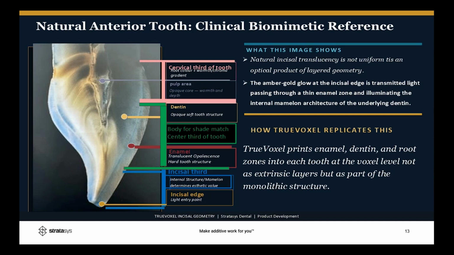So the idea here is I split this slice of a natural tooth into 3 sections: the cervical, the dentin in green, and the incisal in blue. And it's in the incisal area where these internal structures and this incisal translucency are being affected in the tooth structure. The dentin area, the green area, where the enamel and dentin show, is really where you're going to get the shade.